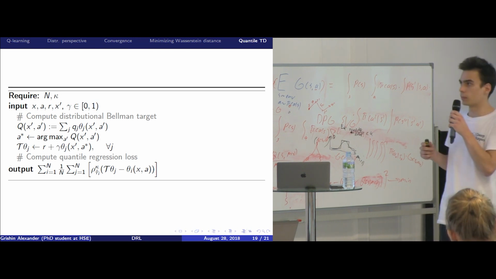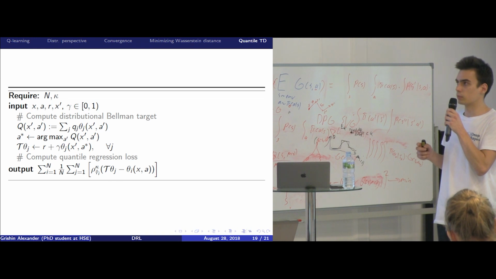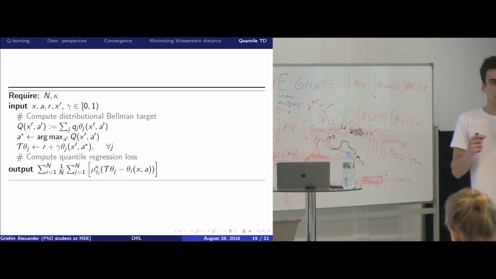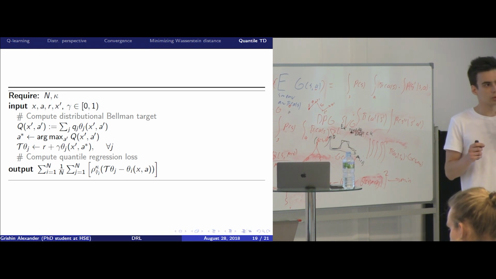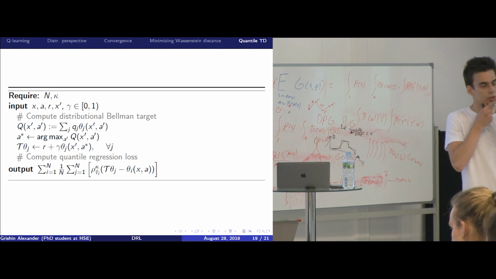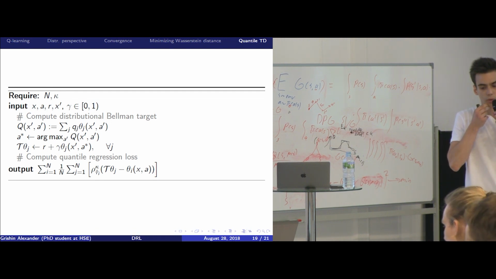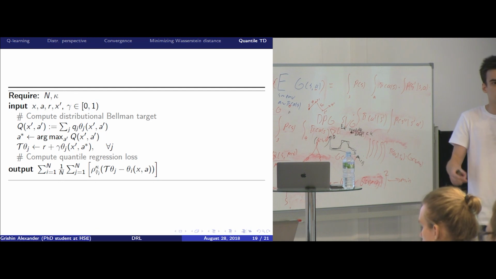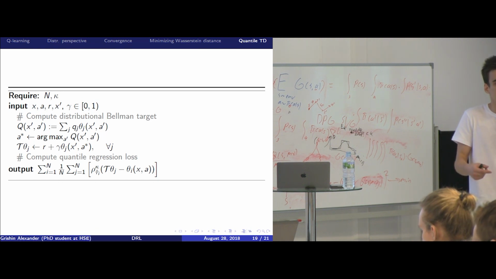Yes. The problem is the following. In ordinary Q-learning, we don't even know until convergence even the means. We are trying to learn means.